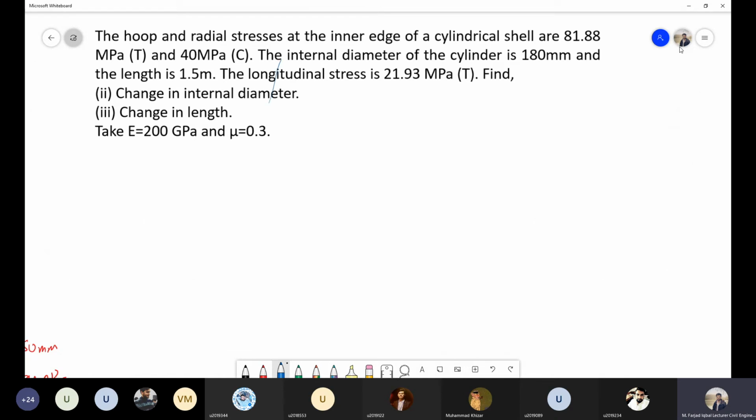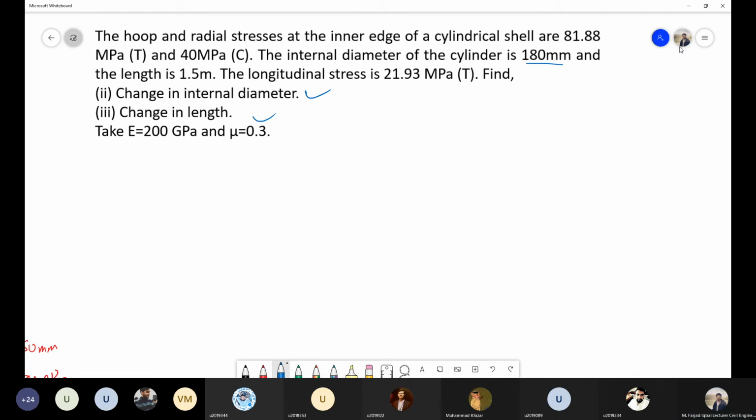It has been asked that the hoop and radial stresses at the inner edge of the shell are 81.8 and 40 megapascal in compression, and the internal diameter of the cylinder is 180 mm, and the length of the cylinder is also given to us. The longitudinal stress is 21.93, and what we have to calculate is change in internal diameter and change in length.